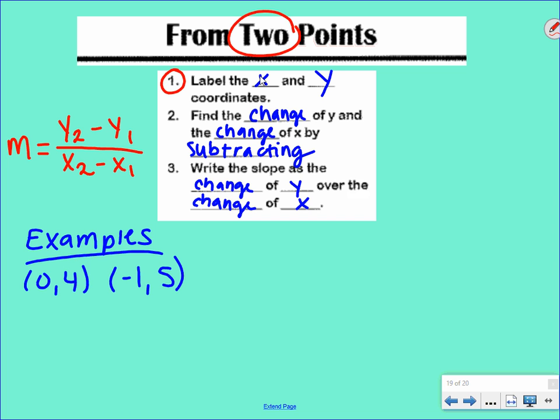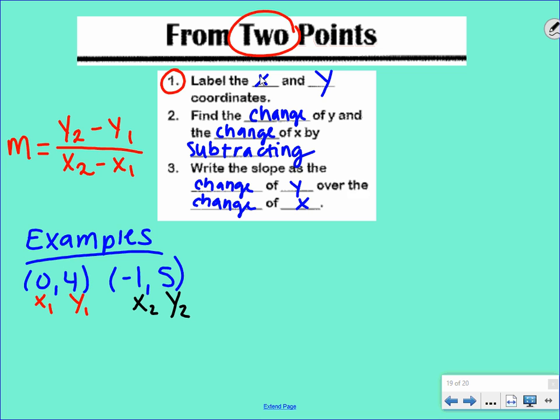So each coordinate point has an x and a y. Our 0 is our x coordinate, our 4 is our y coordinate. Now this is our first x and our first y. So we say this is x1 and y1. Then in our second point, we also have an x and a y, but now it's our second x and our second y. So we do x2 and y2.